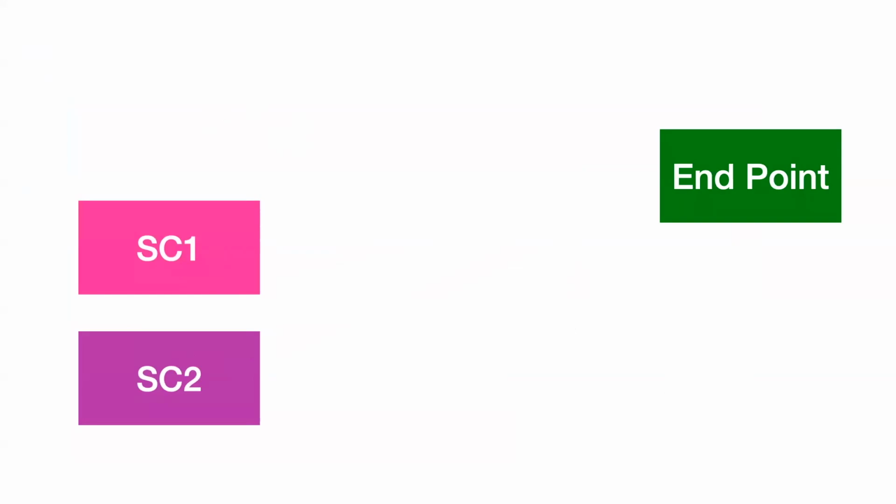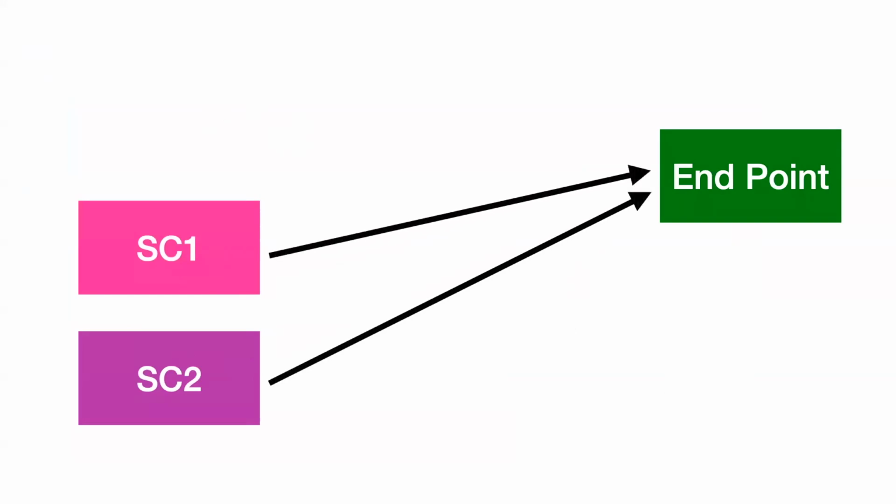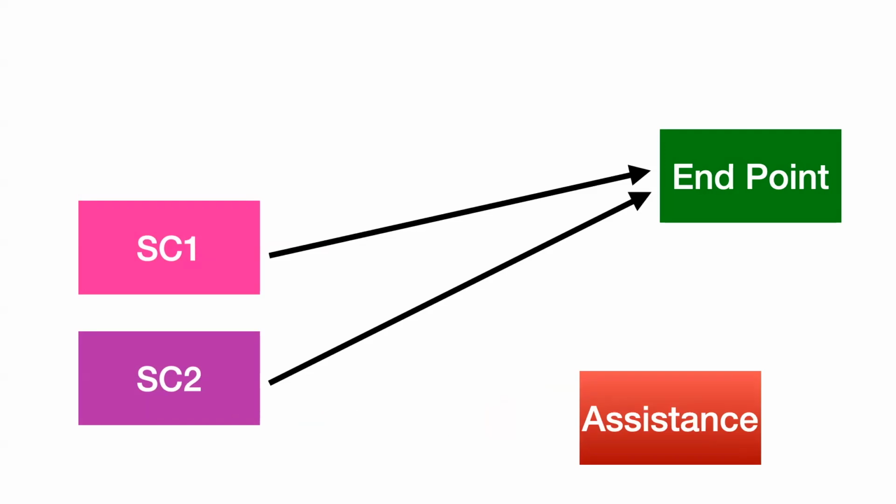So we have self-checkout 1 and self-checkout 2, and we have the endpoint where customers will leave the store, right? So after a customer finishes a transaction, they are supposed to go straight forward to the endpoint. But it's not the case for all customers. In real life, sometimes we need some assistance from the staff. So we need to have a new activity called assistance, right?